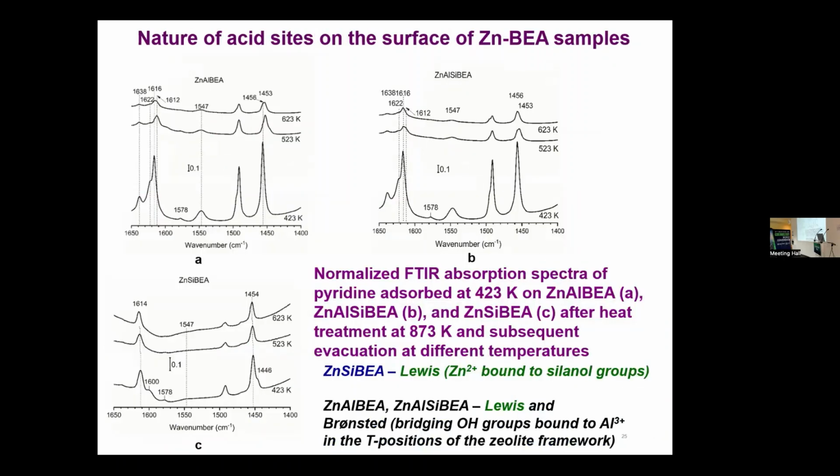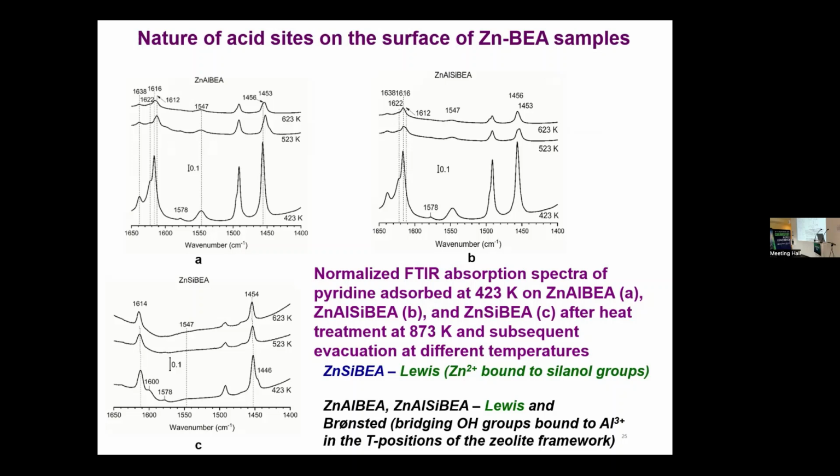So now the nature of the acid sites on the surface of Zn beta was shown by infrared spectroscopy with adsorption of pyridine. We can see that in the case of Zn beta, we observe Lewis and Brønsted acid sites.